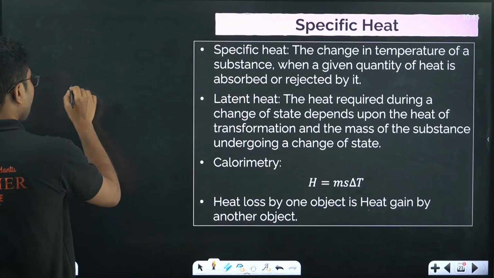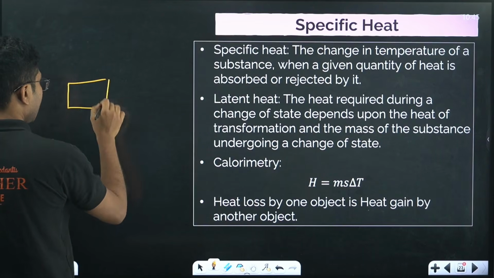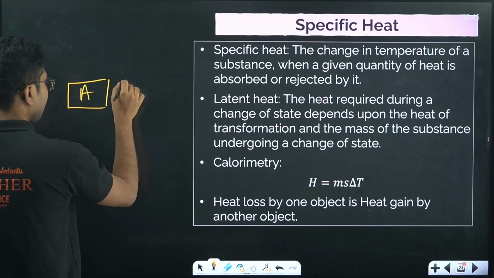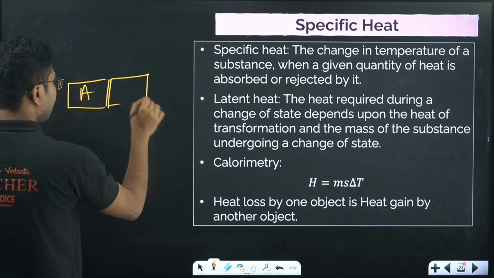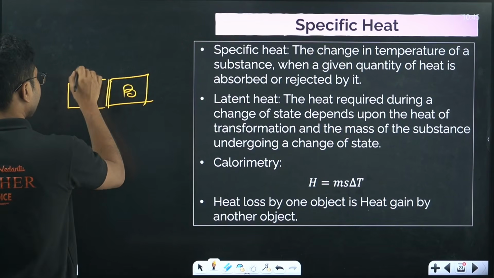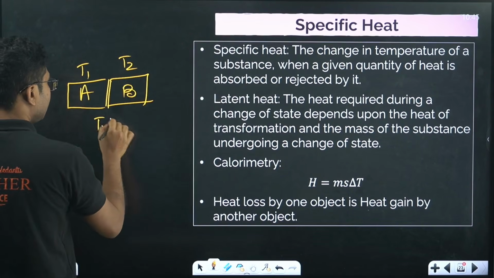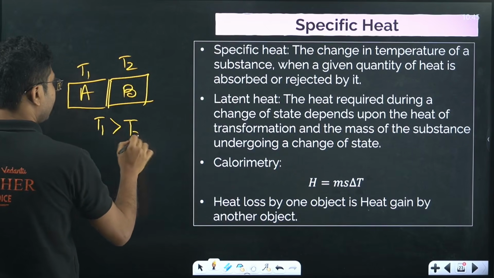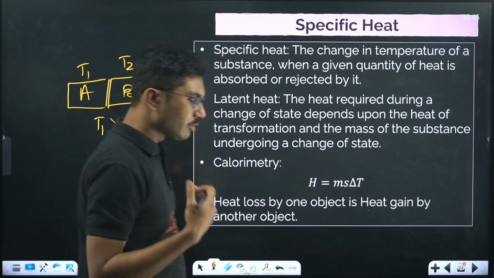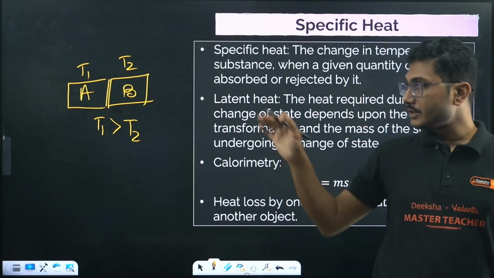So suppose you have two objects in contact, object A and object B. The temperature of this one is T1, the temperature of this is T2. Suppose T1 is greater than T2, so this one is hotter, this object has a higher temperature than the other object.